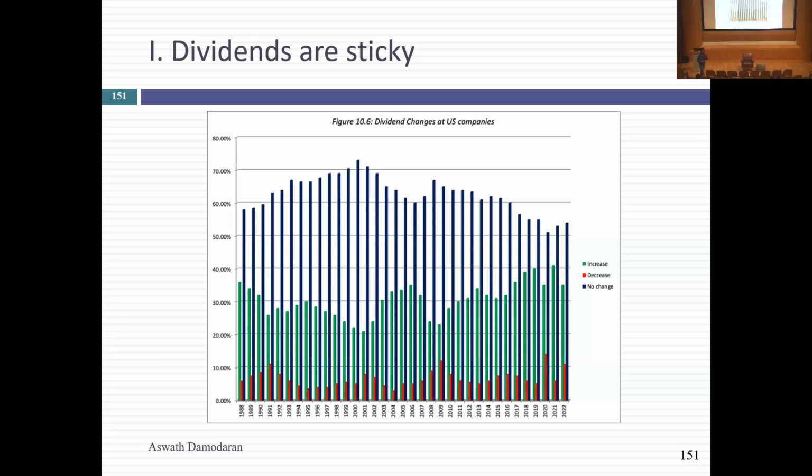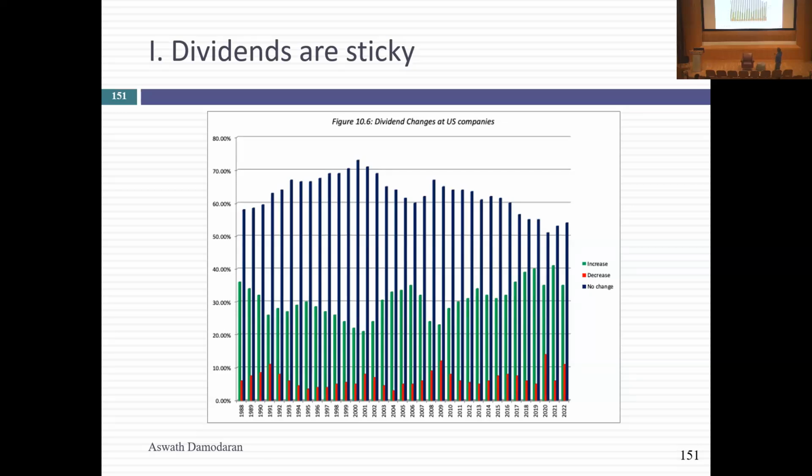If you ask me to use one word to describe dividend policy in the US and in much of the world, the word I would use is sticky. You know what I mean by sticky? Most companies in most years pay in dividends what they did the previous year. In this graph, I have the percentage of companies each year in the US that increase dividends, decrease dividends, and do nothing to dividends.